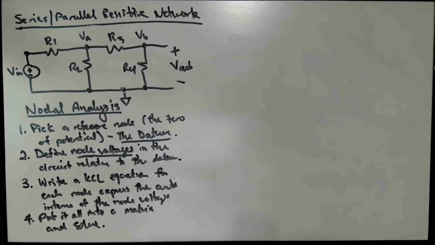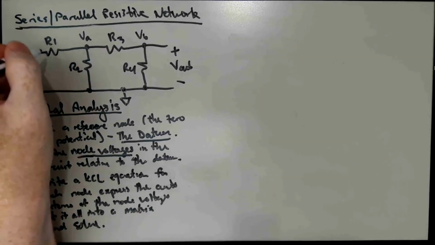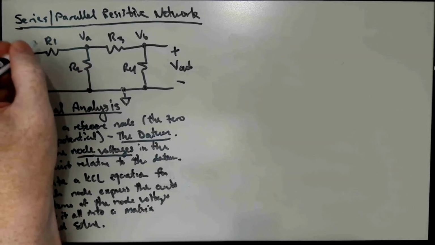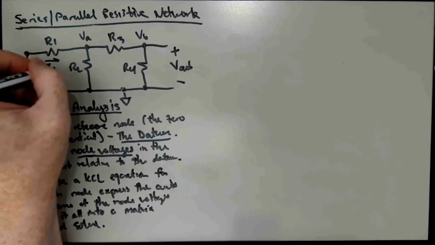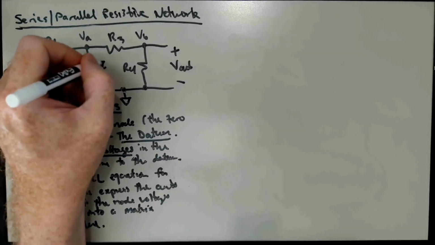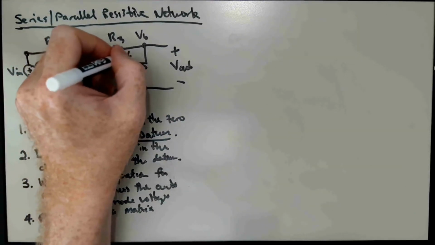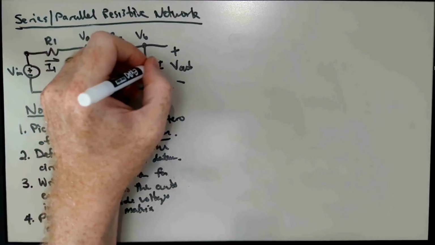Okay, we're going to do that for this. We could define some currents. We have I1, I2, I3, and I4.